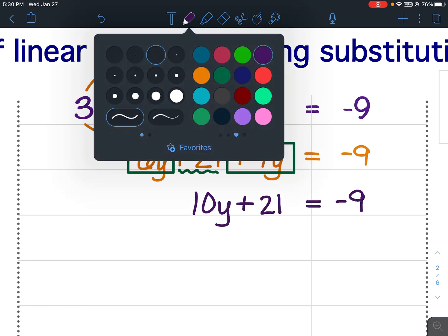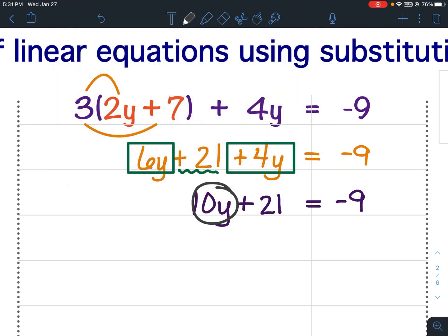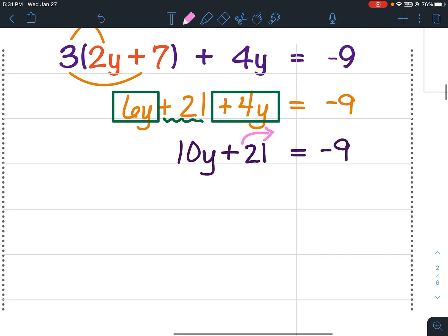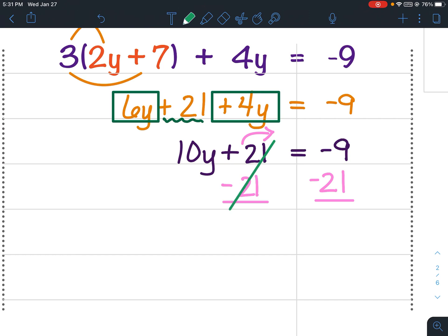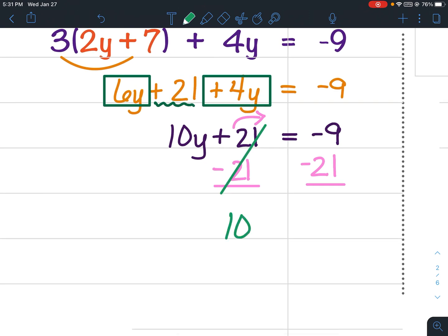And now this is a two-step equation. I have one variable term on the left, so that means I need to take my constant term to the right. Since it's positive 21, I'm going to subtract 21 from both sides. They would cancel, and you would get 10y equals negative 9 minus 21.